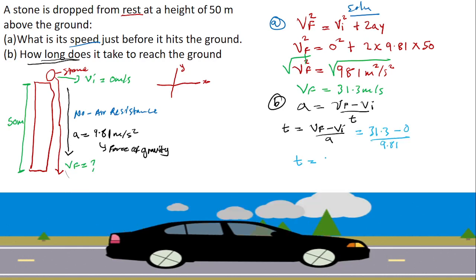I'm getting 3.19062. So we are just going to round it off to 2 decimal places, 3.19. Remember, time is in seconds. So this is how easily you can work out this question. If there are any questions, feel free to ask and I will explain.